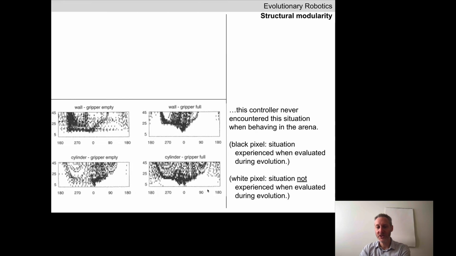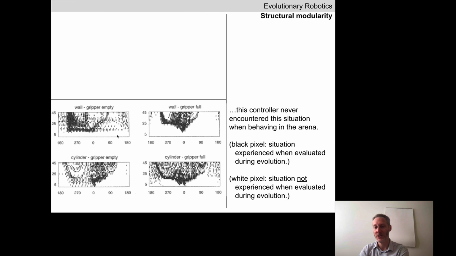I'm now going to jump back and forth between these two slides. And in the bottom panel here, I'm showing, this is for this second controller. This is showing all the situations that controller encountered during evolution. Black means the robot experienced that situation, and white means it did not.